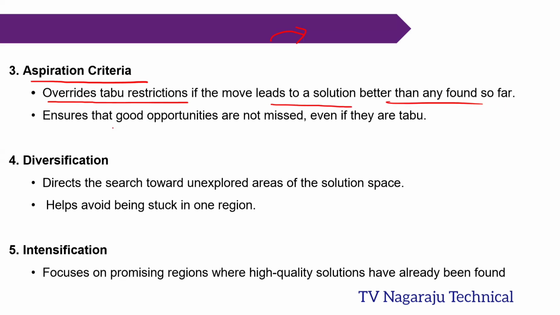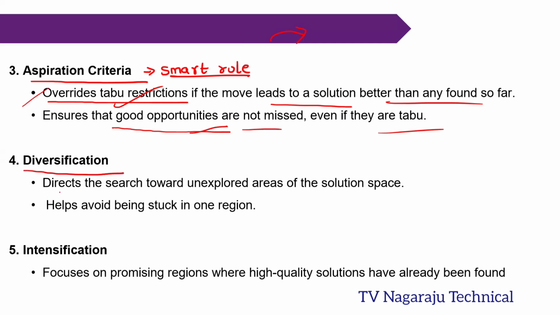The main thing is it ensures good opportunities are not missed, even if they are Tabu. That means even if they are visited, to avoid missing good opportunities, it always moves. The aspiration criteria, in short, is a smart rule to override the restrictions. Whatever restrictions are already fixed, it simply overrides them.